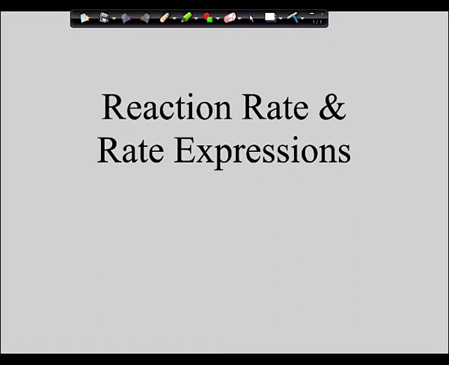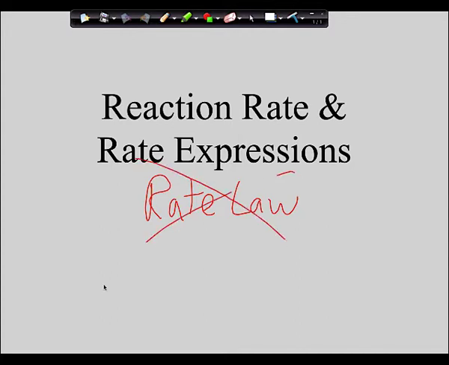Let me tell you what's going to happen to you on the test. You are going to get to the reaction rate question on the test, and the first thing that it will say to you is this. Write the rate expression for the reaction. And here's what you guys are all going to do. Let's see if I can write on my board. Come on, baby. Here's what you guys are going to do. Instead of writing the rate expression, you are going to write the rate law. So you may want to write this by rate expression and then put an X through it.